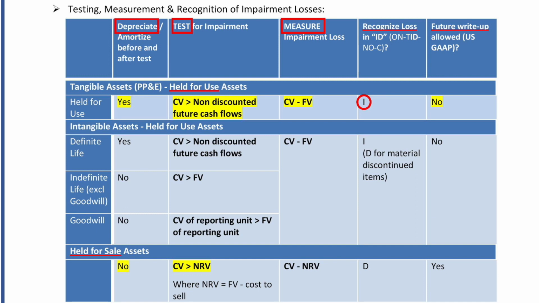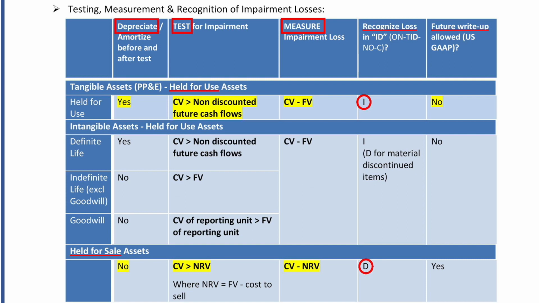When you want to measure the impairment loss for these held for sale assets, it's calculated as highlight carrying value minus the NRV. And if there's an impairment loss, you're going to recognize it in circle D or discontinued operations line item.